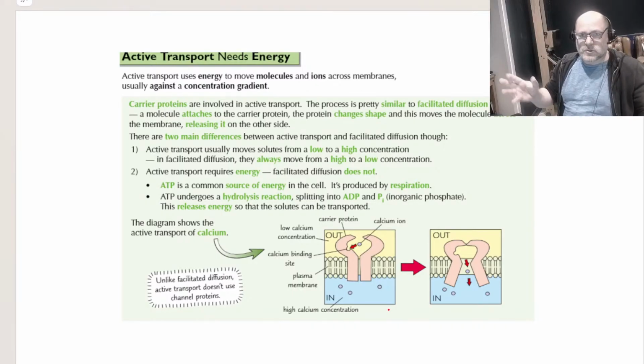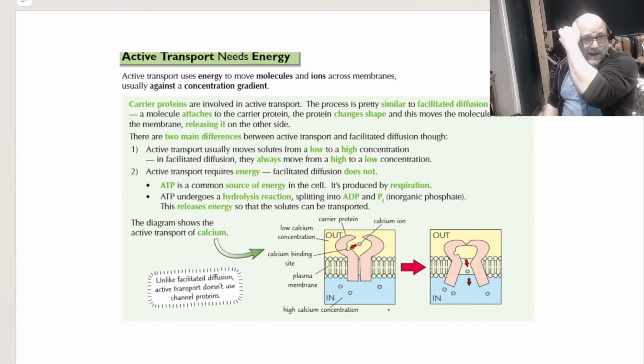Whenever you break a biological molecule, it's hydrolysis, and you use water to do that, and it turns into ADP, adenosine diphosphate, and inorganic phosphate, and it releases a little bit of energy, and that little bit of energy will cause the shape of this protein to change and release the molecules onto the other side.